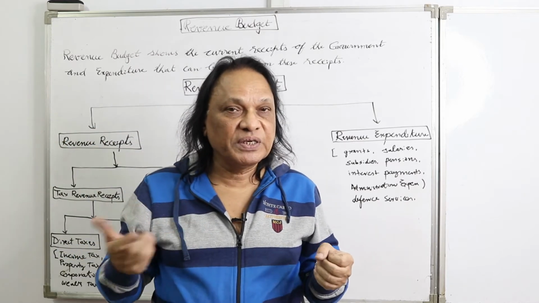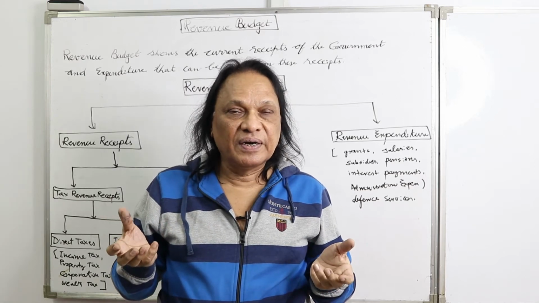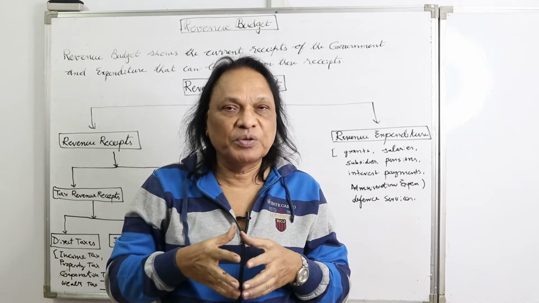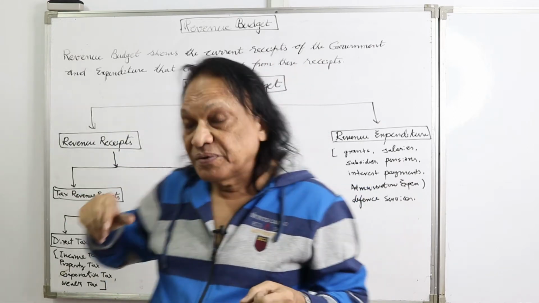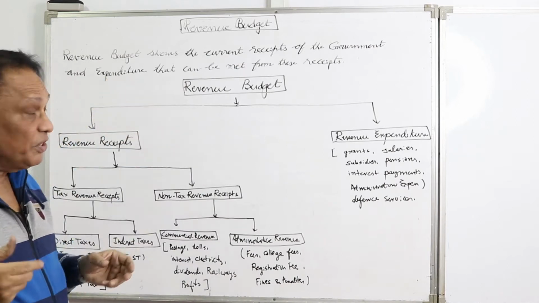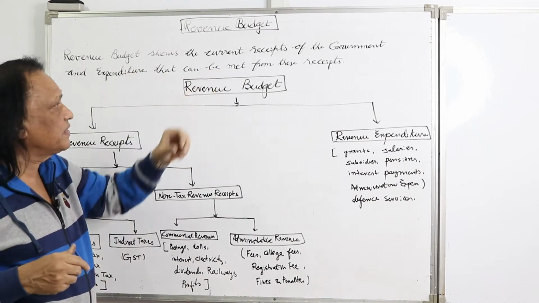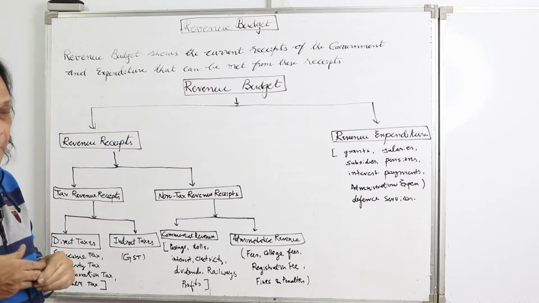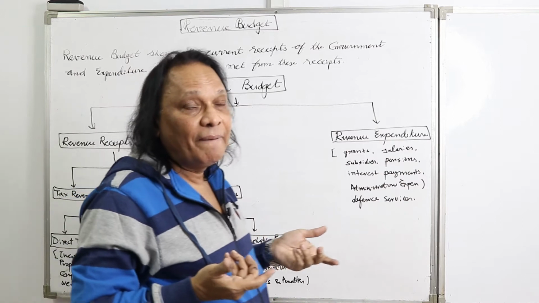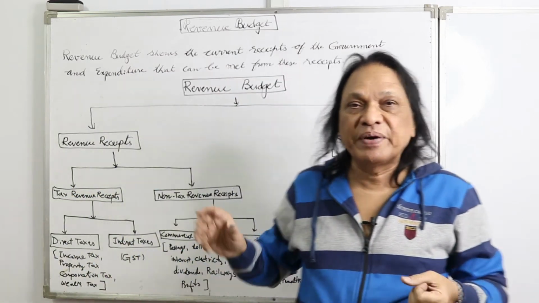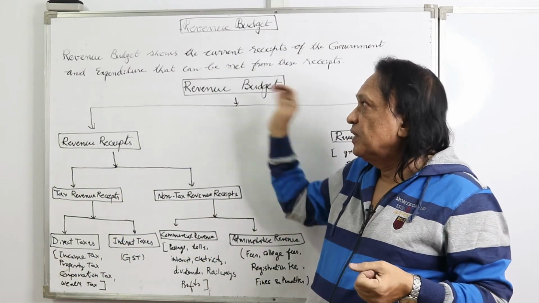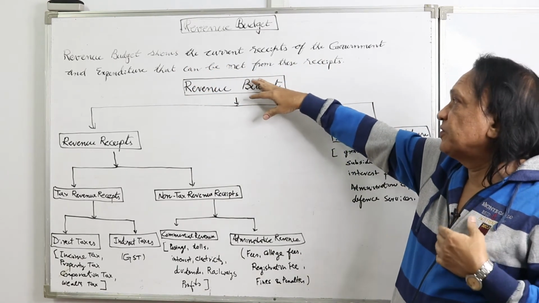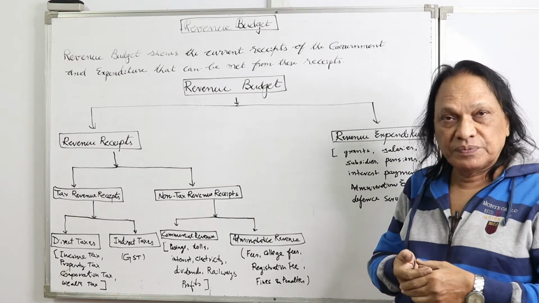How much the government is going to collect in taxes and how they are going to spend it. That's the revenue budget. Revenue budget shows the current receipts of the government and expenditure that can be met from these receipts.